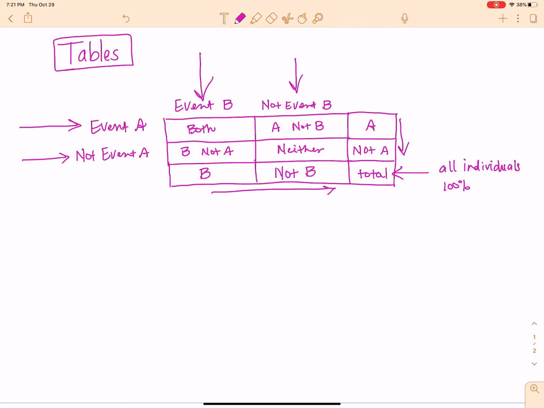All right, so in a practical way, what would this look like? Well, let's say we have the idea of liking cats and liking dogs. Now, some people like cats, some people like dogs, some people like both of them, some people like neither of them. So if we were going to set up a table for this, it might look something like this. Let's say I like dogs. I'm going to put that on the top, and I don't like dogs.